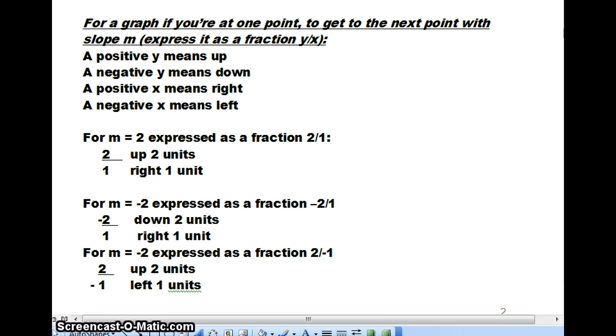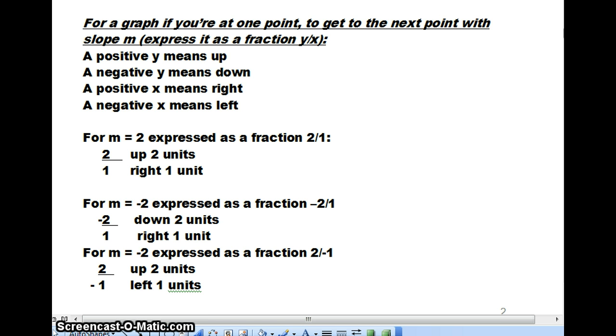If we had a slope of negative 2 and we express it as a fraction, we could express it as negative 2 divided by 1 or 2 divided by negative 1. Both of them will give us exactly the same result. So if we have our slope expressed as negative 2 divided by 1 and we're at a point on the line, we would go straight down 2 units, and then we would go right 1 unit.